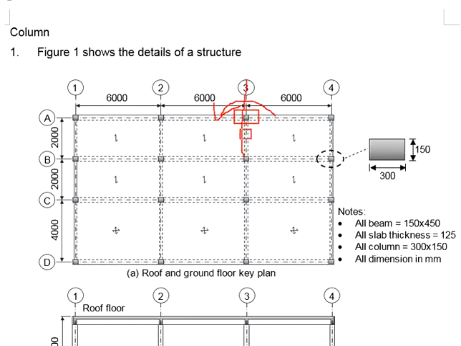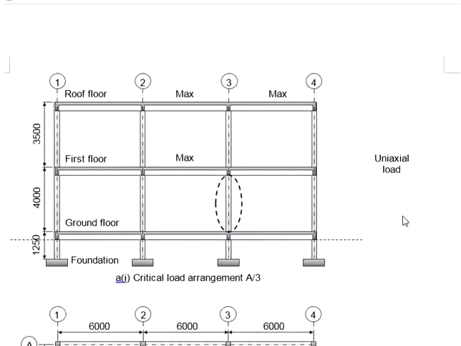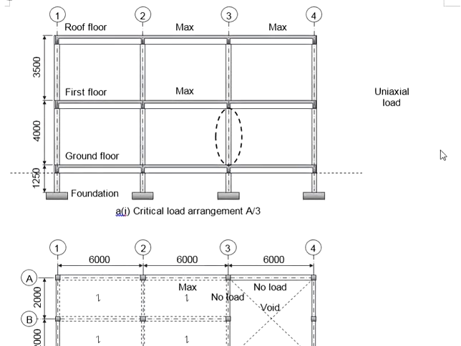Whereas you have no loads here, you have no loads here. That means you don't have any bending in the minor axis. From here, we can conclude that column A3 is a uniaxial load bending in the major axis.